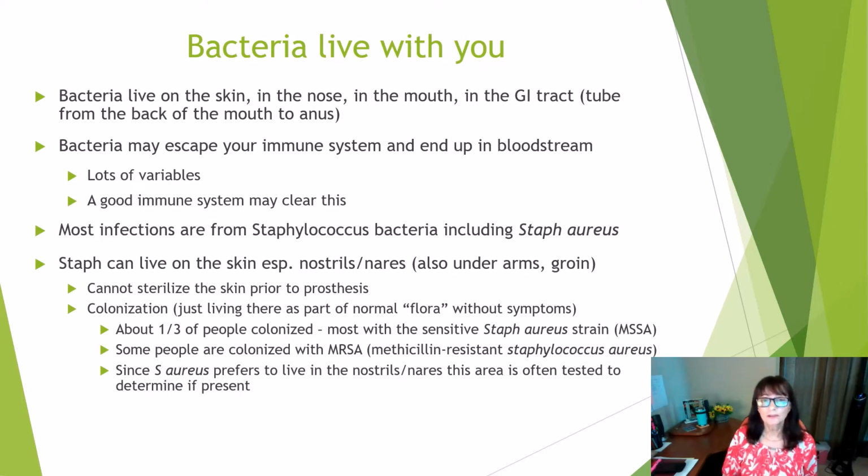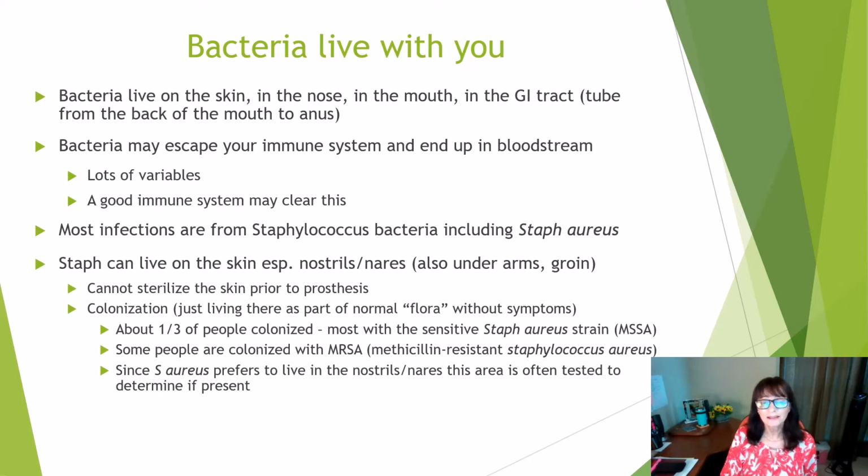Most infections are from the Staphylococcus bacteria, including Staph aureus. Now, Staph can live on the skin, especially in the nose or nostrils. We call it the nares, the exterior part of your nose. It can also live in other warm, moist places like your arms and under your arms and the groin.